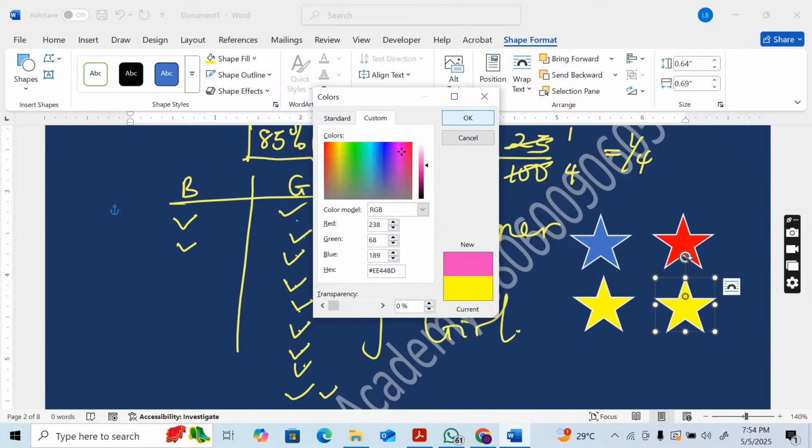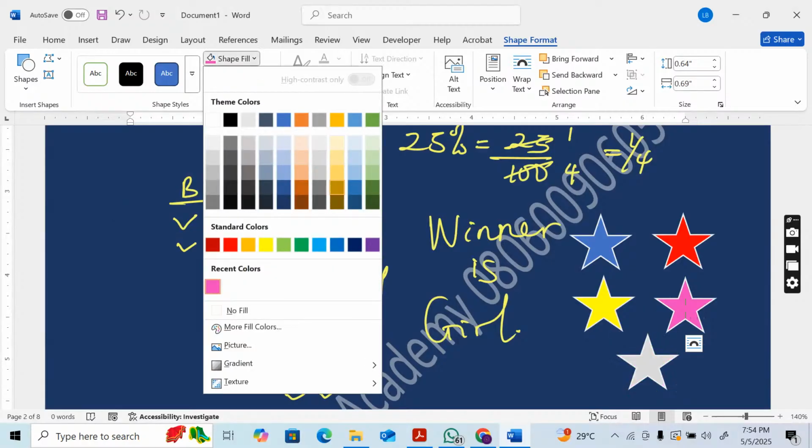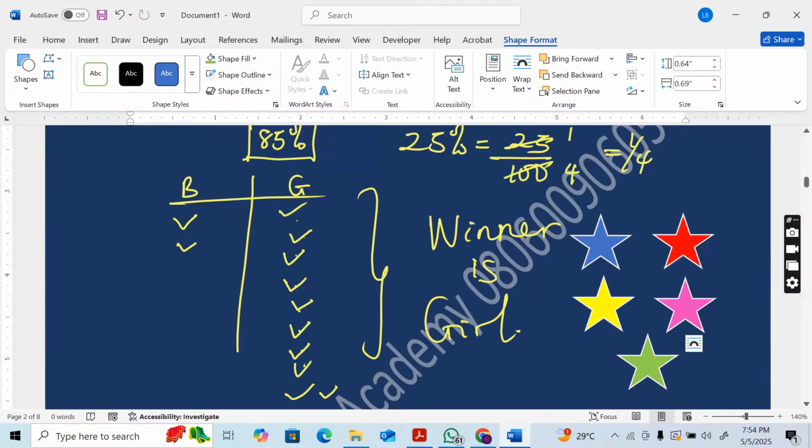Okay, perfect, perfect. So we have pink and 1 more star for the girls. Here is the 5th star. I promise to give all the girls 5 stars.